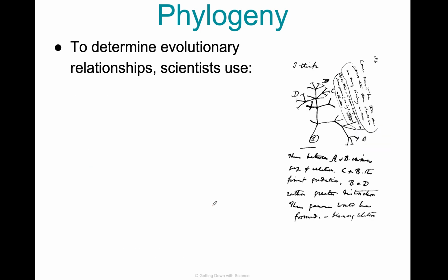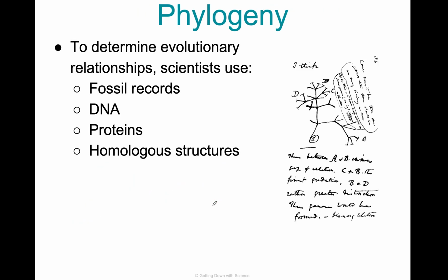All right. So we use phylogeny to determine evolutionary relationships, and we construct these using a number of different pieces of evidence. The first is fossil records, so taking a look at different fossils and comparing them. We talked a little bit about that when we looked at comparative morphology.